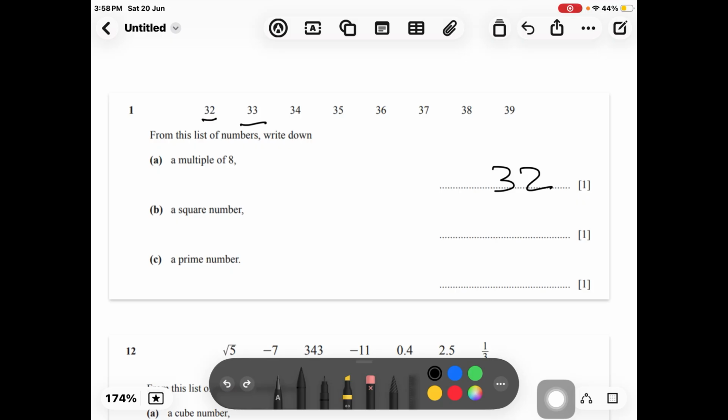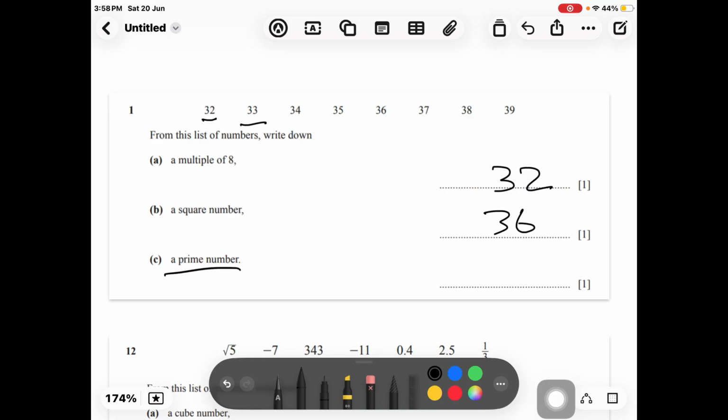Then we have 34. 34 is 1 and 34, and 2 and 17. Not a square number. Then we have 35. 35 is 1 and 35, and 5 and 7. Not a square number. We have 36. 36 can be written as 6 by 6. That means 36 is a square number. It's the square of 6. So our square number is 36.